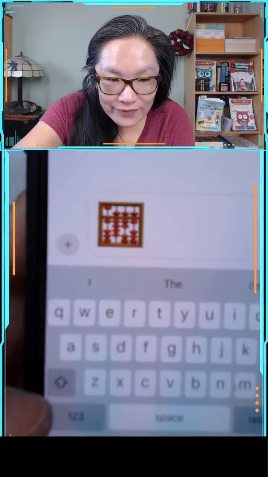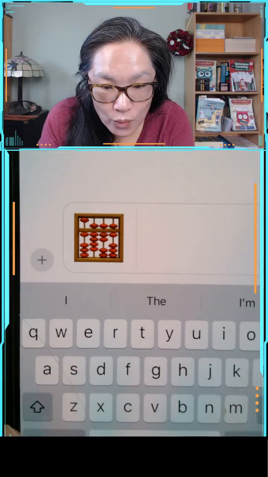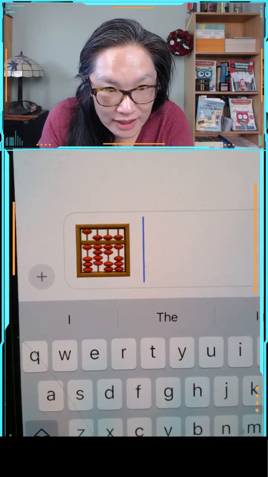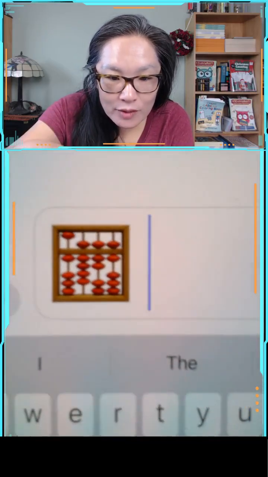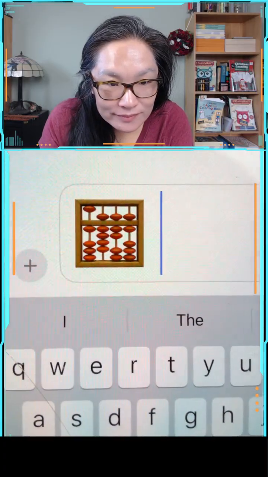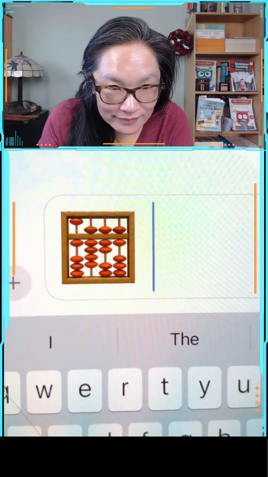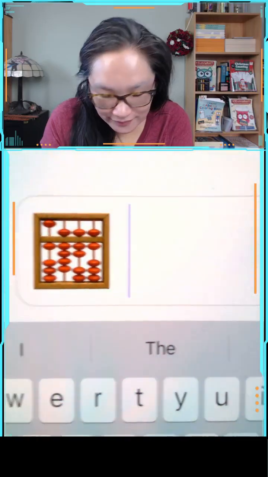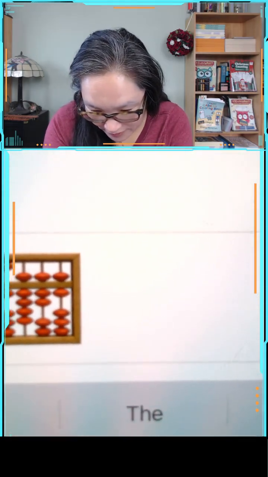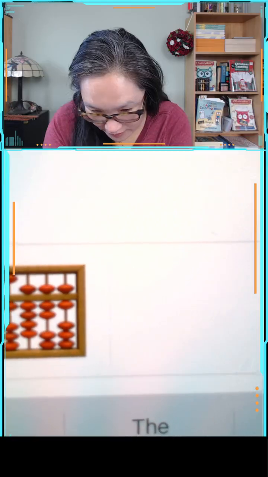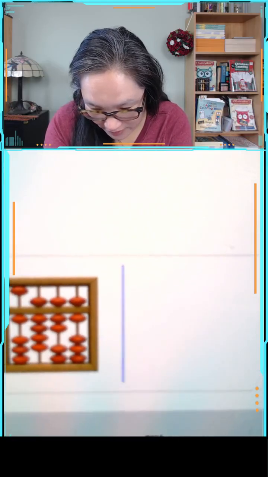Can you see that? What number do you think that is? Can you see the number? What number do we have here? So we have our thousands, we have our hundreds, we have our tens, and we have our ones.